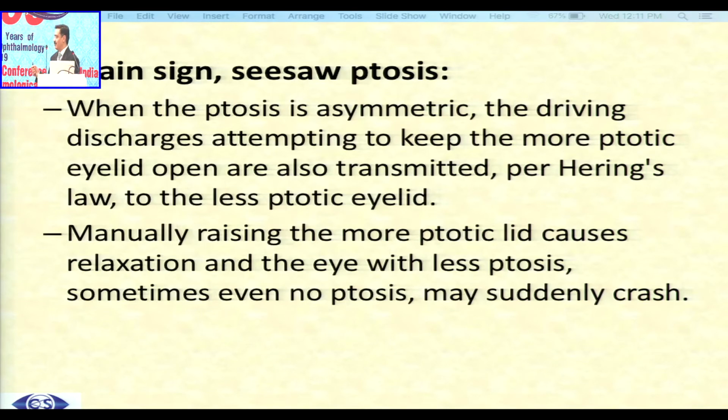This will cause relaxation of both the eyelids, and the eye which is having less ptosis will also droop. So you will have apparent bilateral ptosis, when initially you must be thinking that the patient is having unilateral ptosis. So unilateral ptosis may become bilateral if you perform the curtain test.